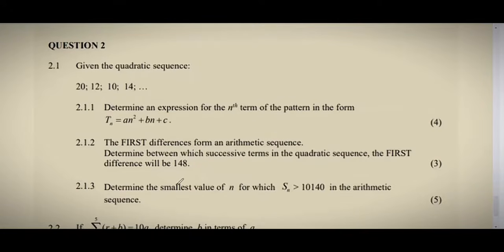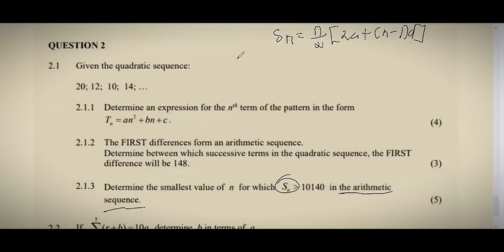2.1.3 says determine the smallest value of n for which Sn is greater than 10,140 in the arithmetic sequence, right? So Sn, they're talking about the sum. So we need to say Sn is equals to n over 2, and then that's 2a plus n minus 1 d. But remember, this needs to be greater than 10,140.